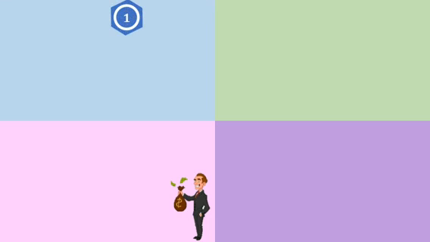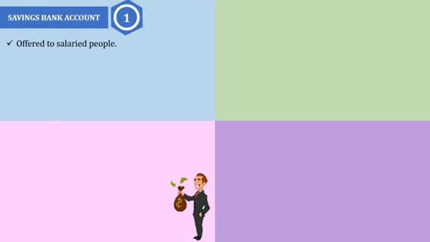Let's look at the savings bank account. This account is offered to salaried people and those who would like to regularly operate this account. This account is offered to encourage people to save money. A minimum interest per annum is offered by the bank to the account holders.